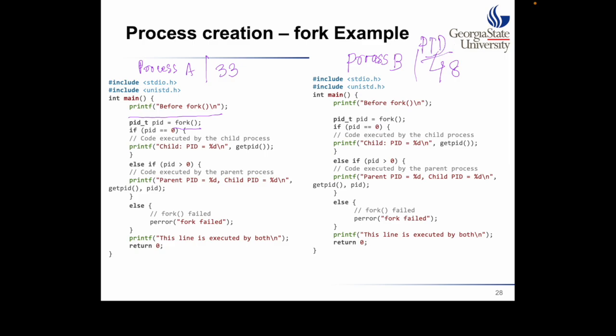So its PID is 48 and the PID of the original parent process was 33. When we executed this fork, this clone was created, and the address spaces of process A and process B are different and they will run independently.